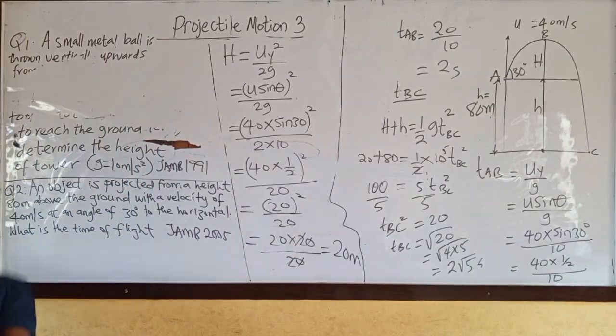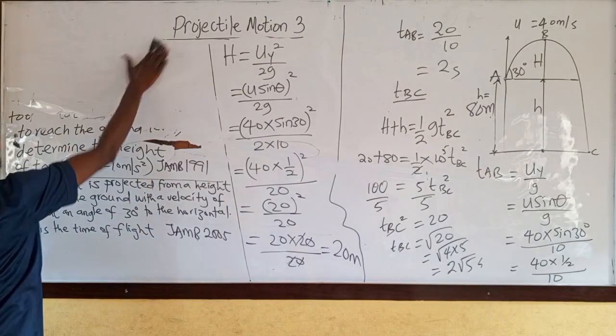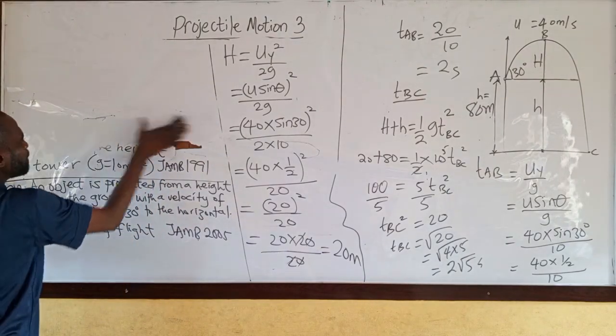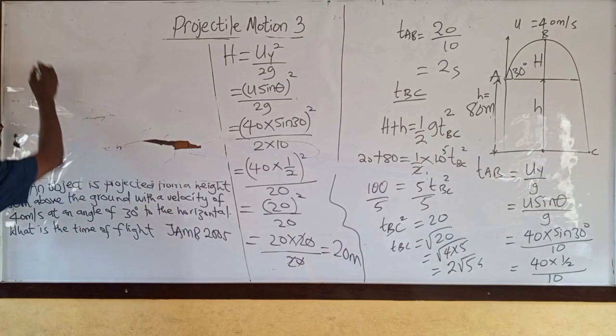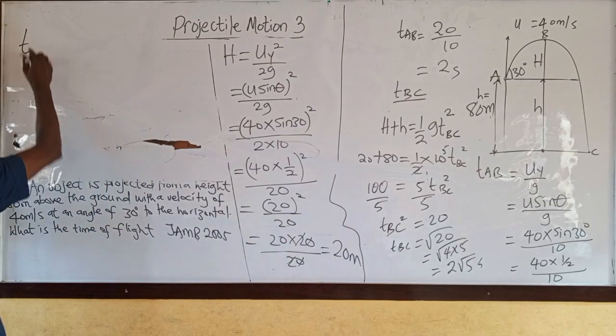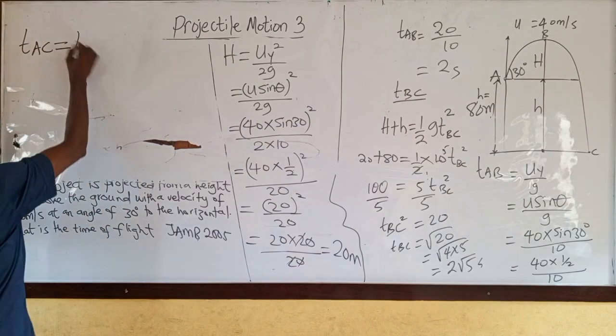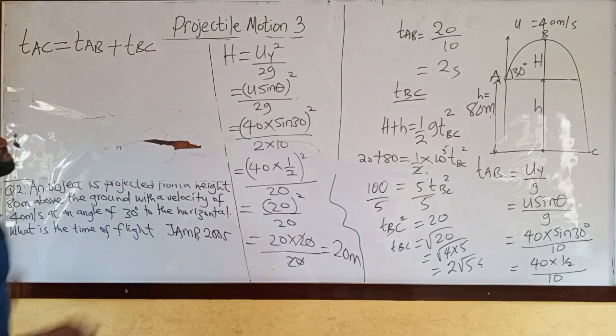So we have this. Total time spent by the body is the time from A to C, which is the time from A to B plus the time from B to C. What is A to B?